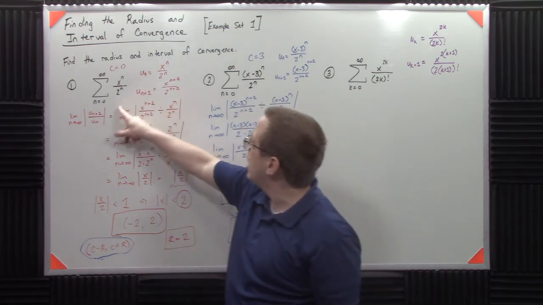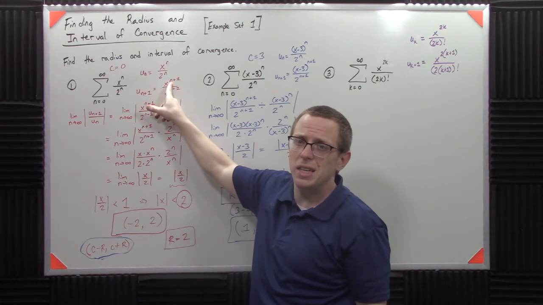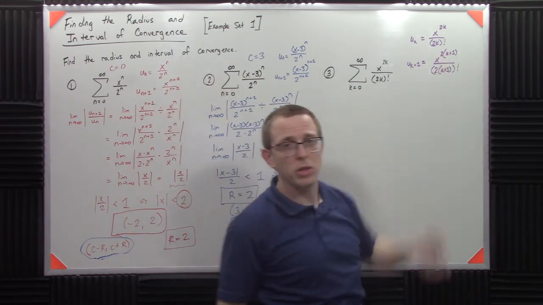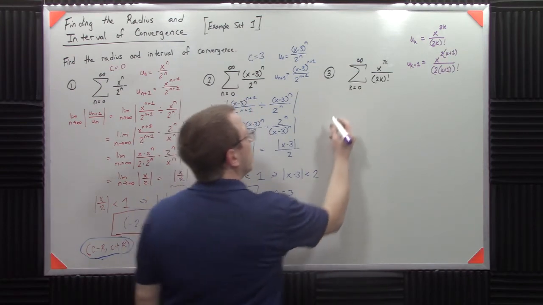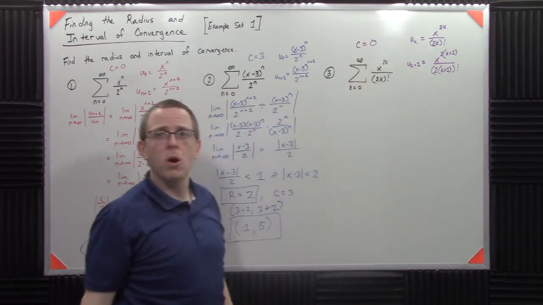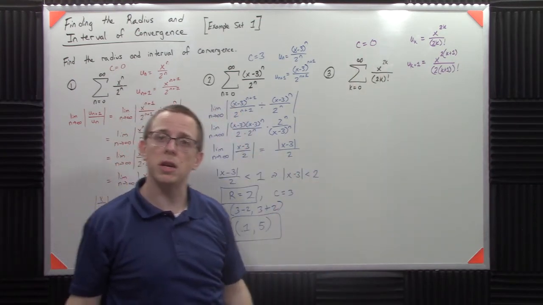Over here, it didn't matter because if I replace n with n plus 1 in parentheses, I can just remove the parentheses. But over here, I'm going to end up multiplying by 2, so I have to be careful. Also notice that my center is 0 because if I plug in 0 for x, everything disappears except for the first term.